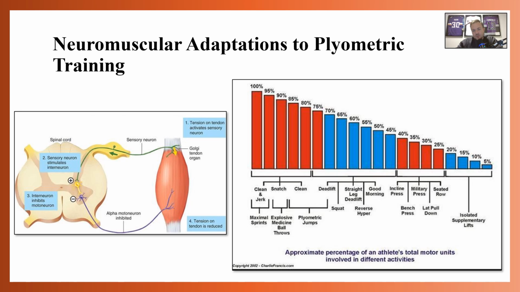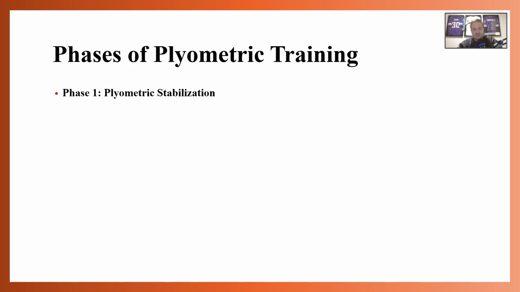Eventually, we're getting through more stressful, higher loaded movements, until finally we're at something like maximal sprints, clean and jerk, snatches, etc. And so the plyometric world lives in this 75 and up percentage motor unit recruitment threshold, and really we might even call it 80 to 100%, I think is how we define it by ACSM guidelines.